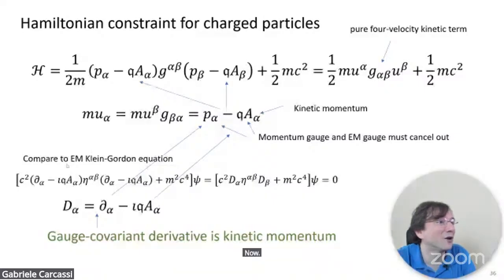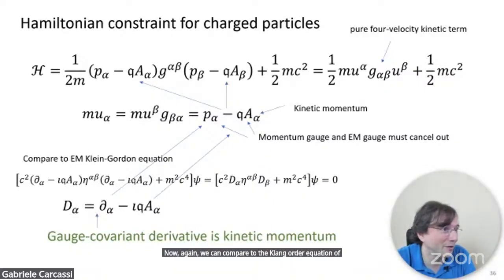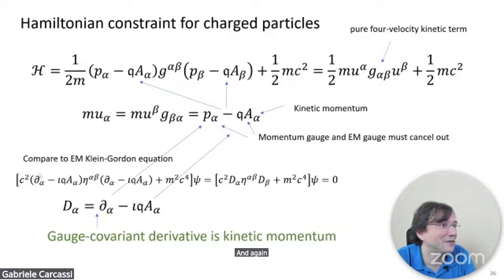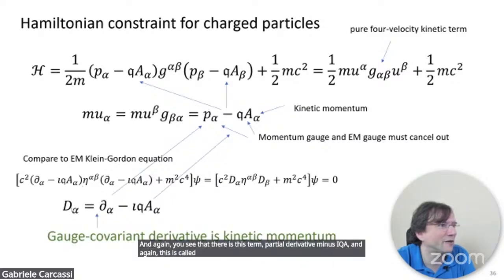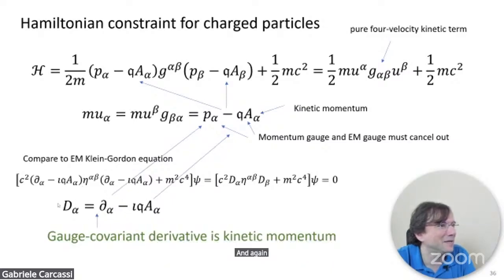Now, again, we can compare to the Klein-Gordon equation of a charged particle. And again, you see that there is this term, partial derivative minus IQA. And this is called the gauge covariant derivative. And again, we're missing an i h-bar here, and that would make this i go away.